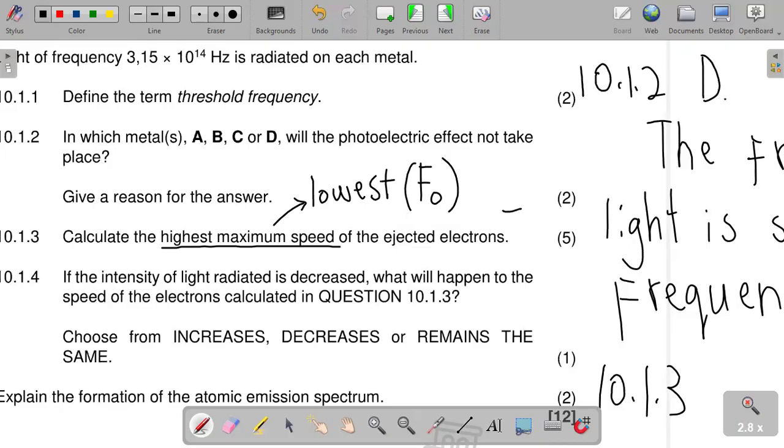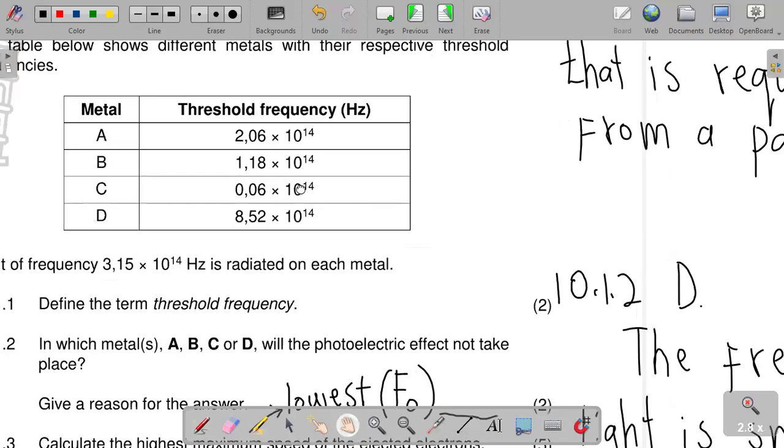So we check. We can see that we're going to use C here. C is the one that has the lowest threshold frequency of them all, 0.06.